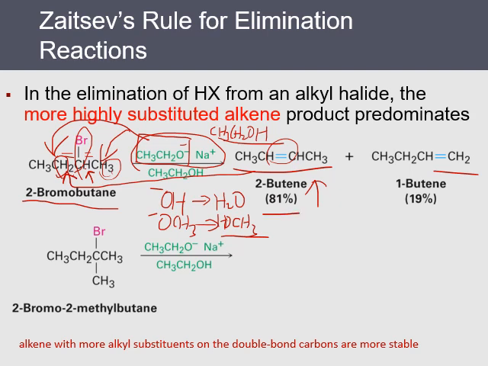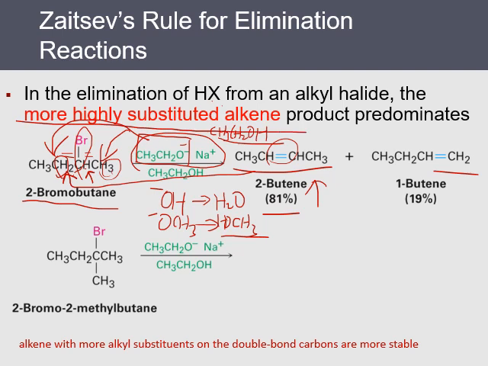That's 81%. Now there's a rule called Zaitsev's rule, which says that in elimination of hydrogen chloride or bromide from an alkyl halide, the more highly substituted alkene product predominates.